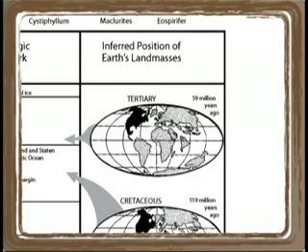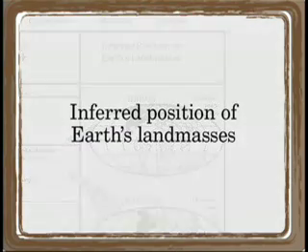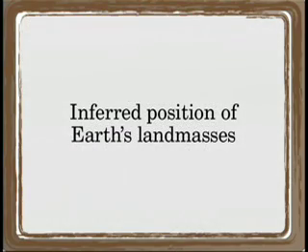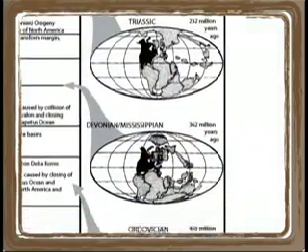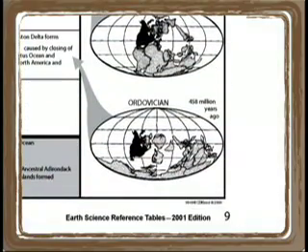Next to the important geologic events in New York State, we have the inferred position of the Earth's land masses. Down at the very bottom, we see in the Ordovician time, 458 million years ago. In black, we see North America. And North America, as you can see, is below the equator.